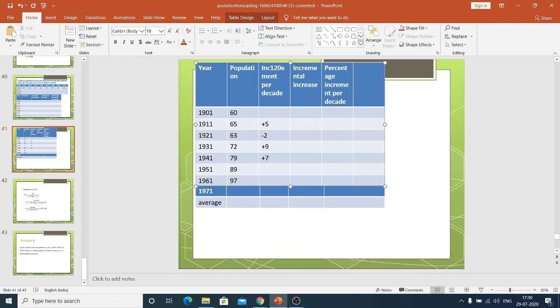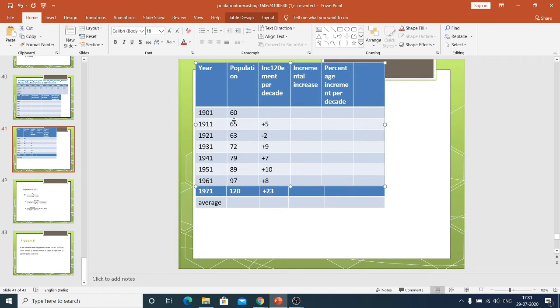From 89 to 79 is plus 10. From 97 to 89 is plus 8. From 120 to 97 is plus 23. So these are the increment per decade.